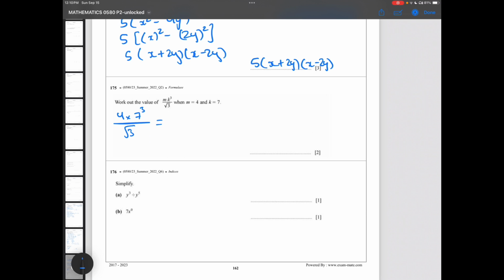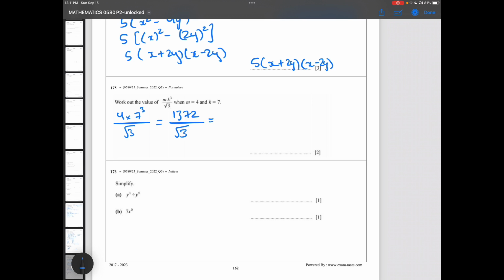So 4 multiplied by 7 cube is equal to 1372 upon square root 3.